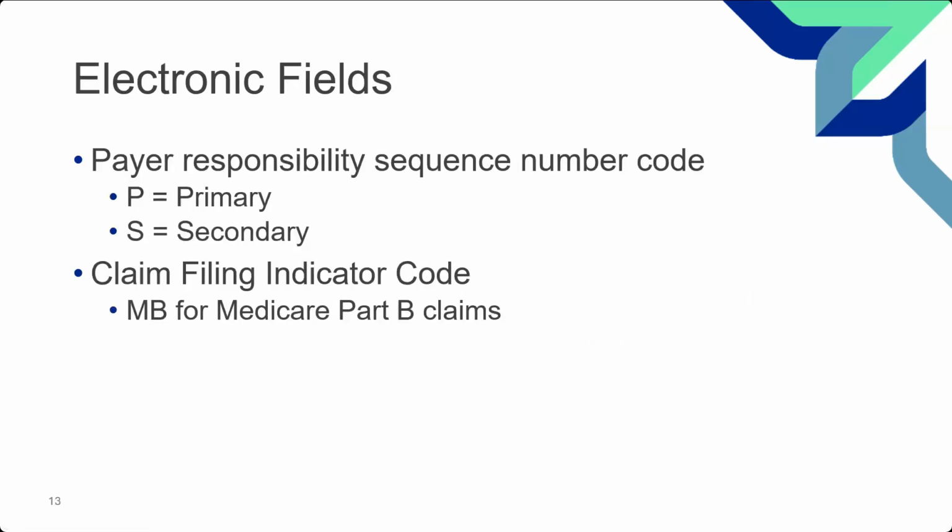Some of the electronic fields, please make sure that when you have a payer responsibility sequence number, you're using a P or an S, primary versus secondary. This is causing us to reject the claim. In other words, we're not even processing it because we don't know what's going on with this. Also, claim filing indicator MB for Medicare Part B claims.